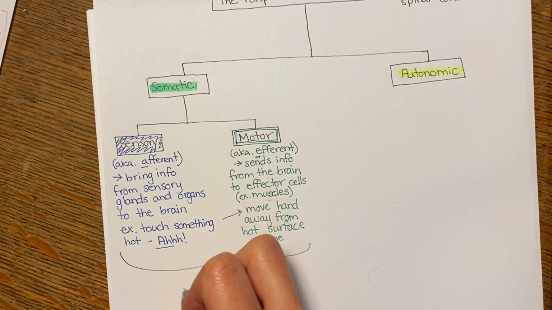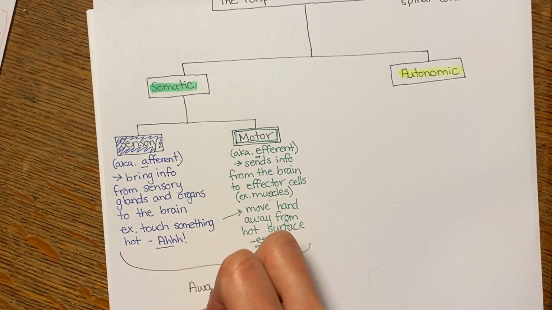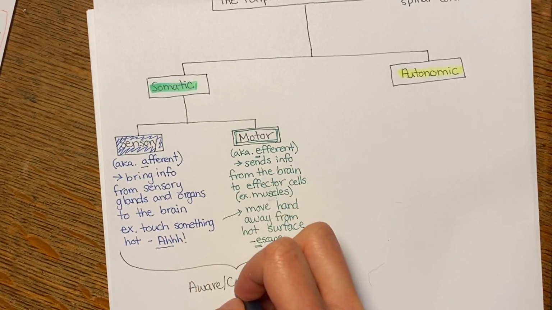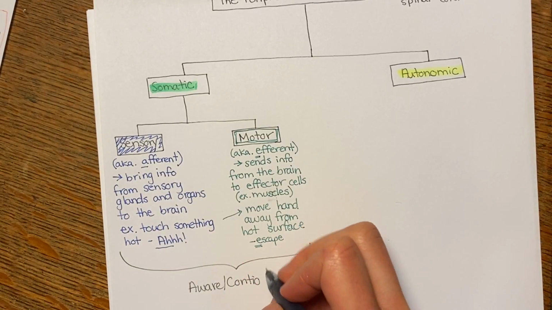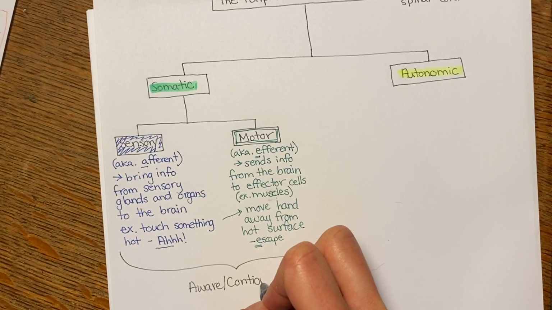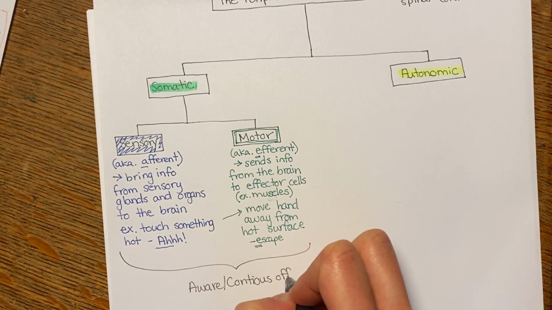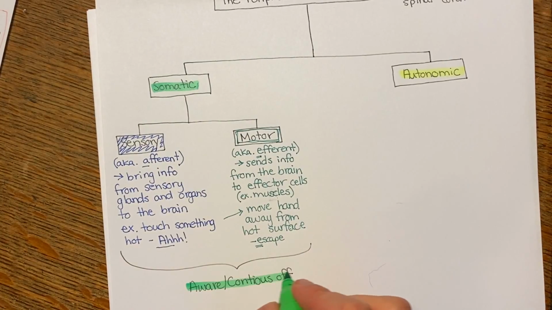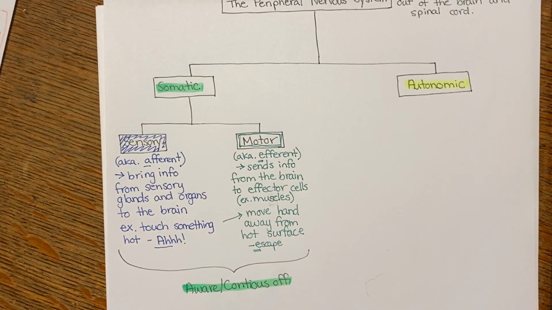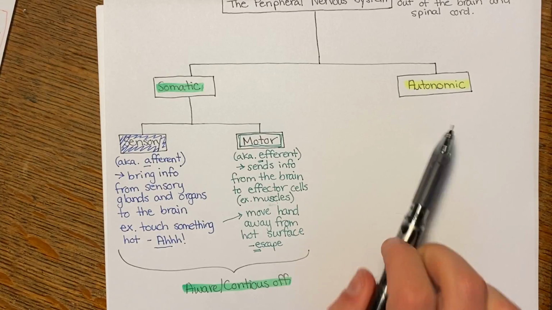So we're aware of what happens in the somatic nervous system. And the autonomic is the stuff that we're not aware of.